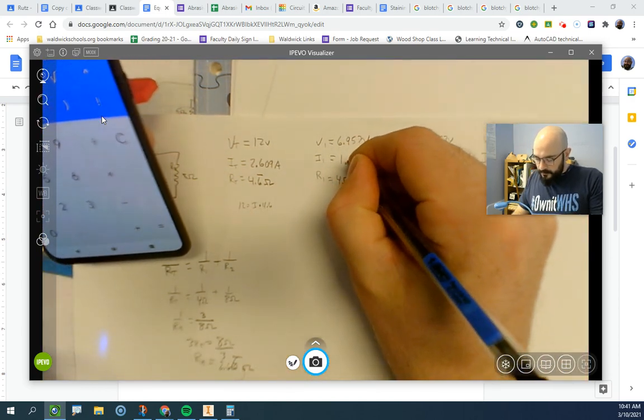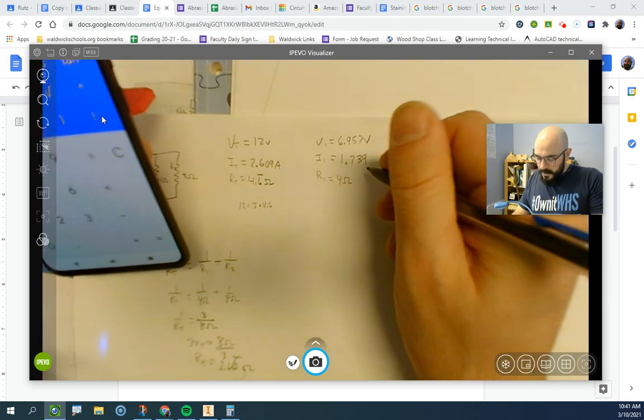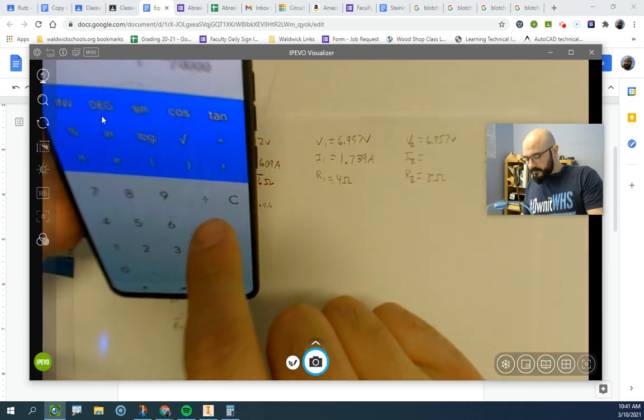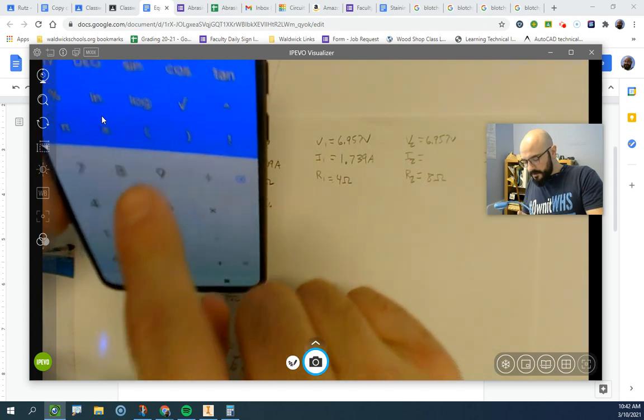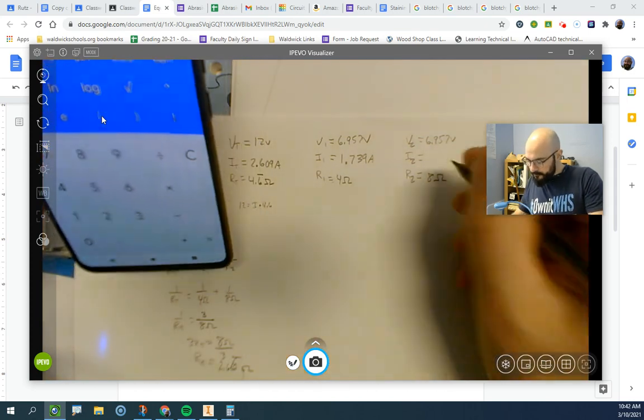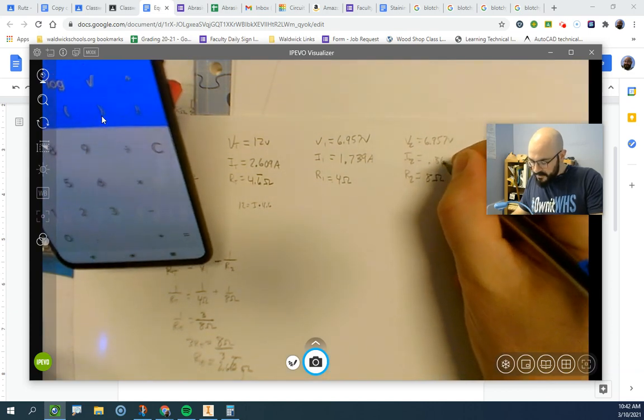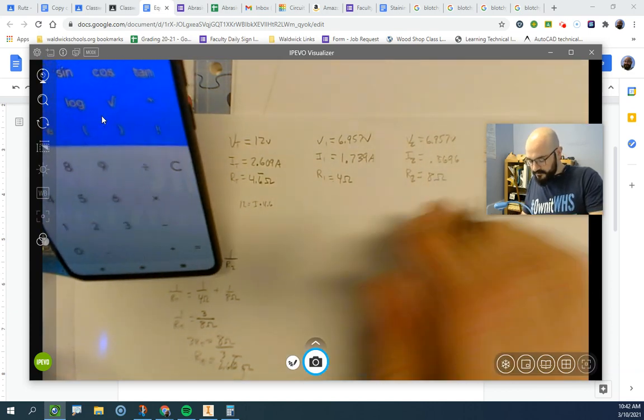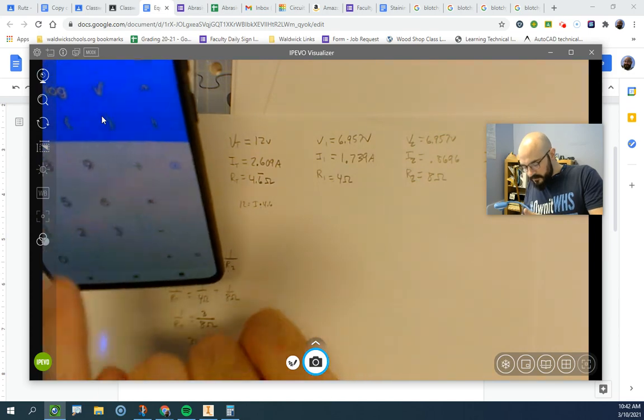Current is 1.739 amps. For V2, we have 6.957 divided by 8, which is 0.8696. That's good.